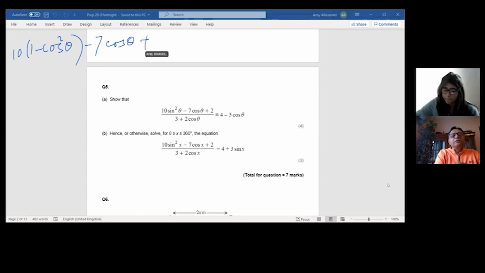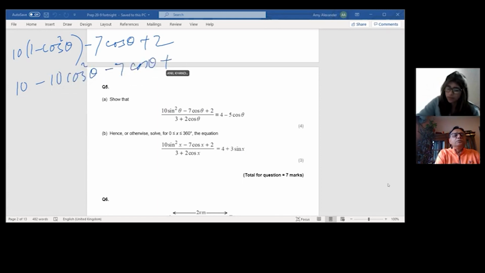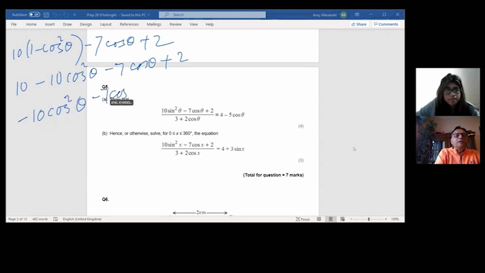So let's look into this numerator. We get 10 − 10 cos²θ − 7 cos θ + 2. And this could be written as −10 cos²θ − 7 cos θ + 12. You can take the minus common, and then try to factor this, correct? Should I use my calculator?